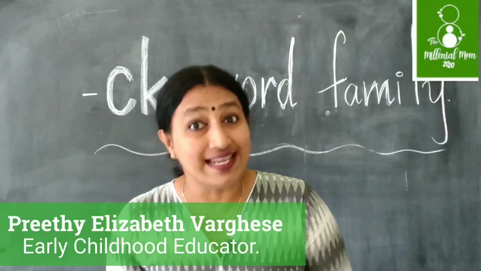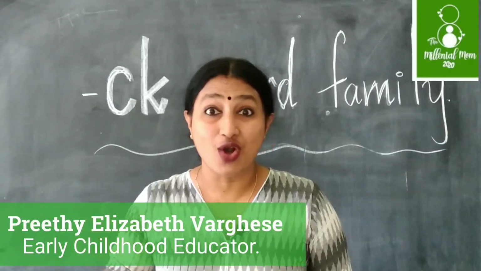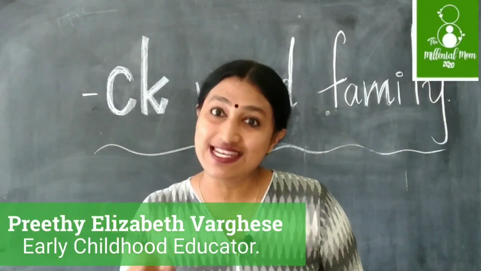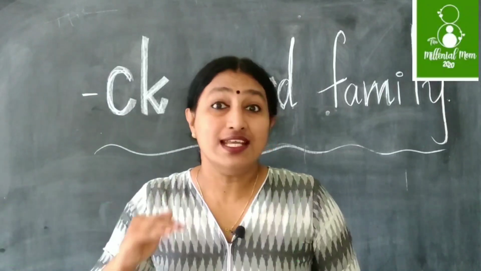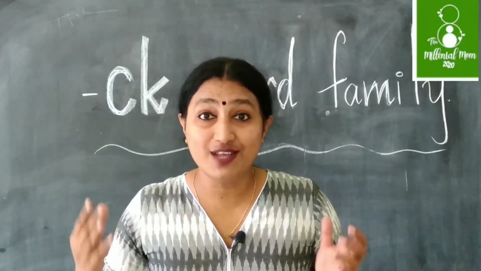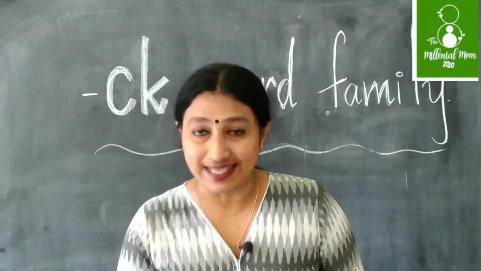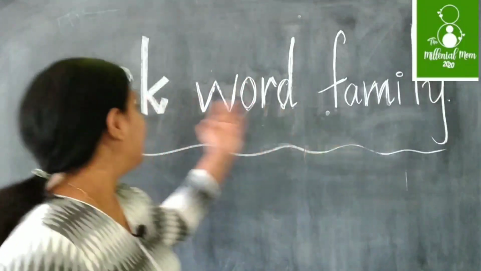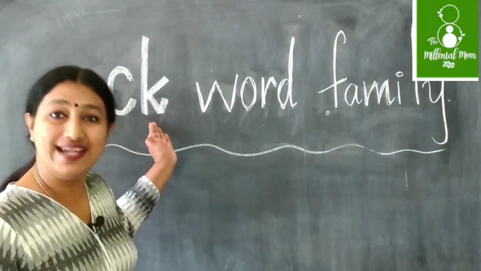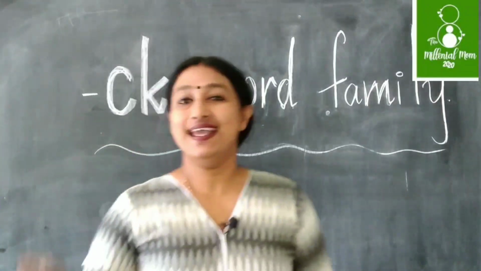We have already seen the letter sounds in the English alphabet, and now we know the vowel sounds and the individual letter sounds. It is time now to move on to the word families in the language. The first word family that I am going to introduce to you is the CK word family.